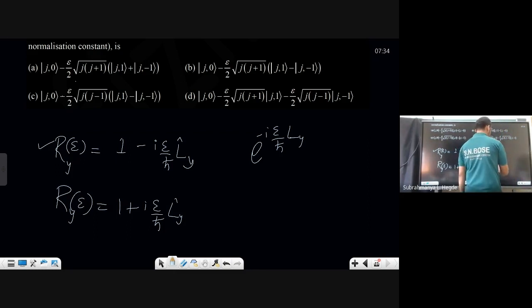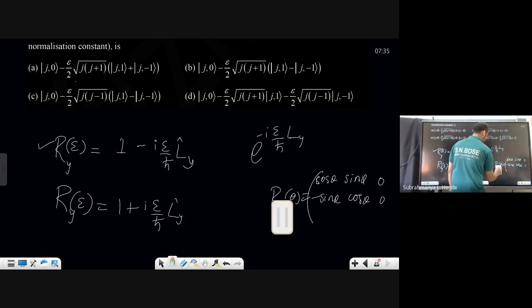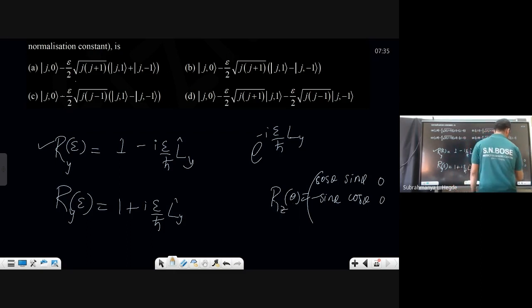In classical rotation, you remember Rz of theta: cos theta, sin theta, minus sin theta, cos theta, and 0, 0, 1.